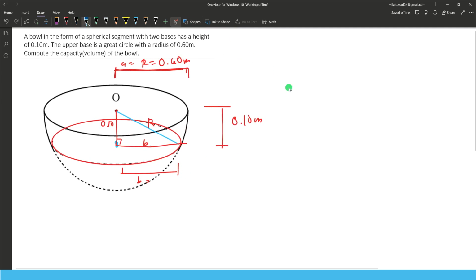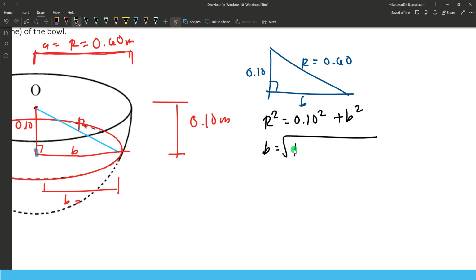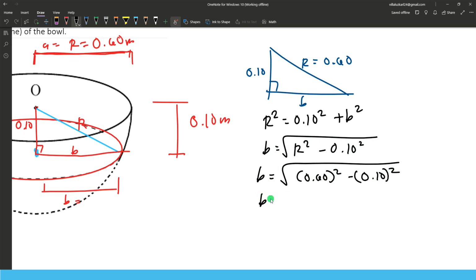Okay, so using that right triangle, we have B, 0.1, R. R is 0.6. By the Pythagorean theorem, R squared equals 0.1 squared plus B squared. So B is equal to the square root of R squared minus 0.1 squared, where big R is 0.6. Directly computing that, we determine B, which is 0.592.